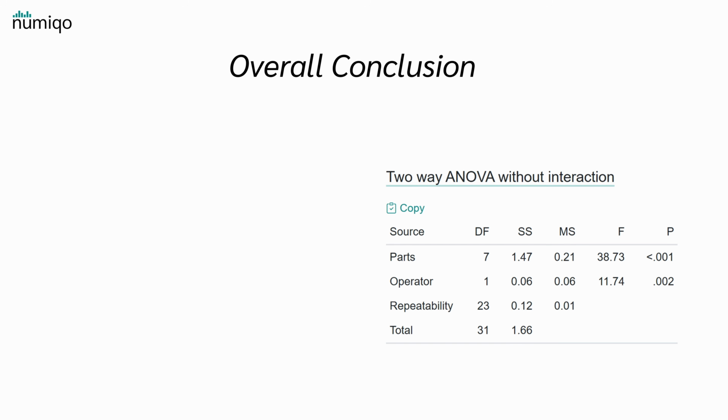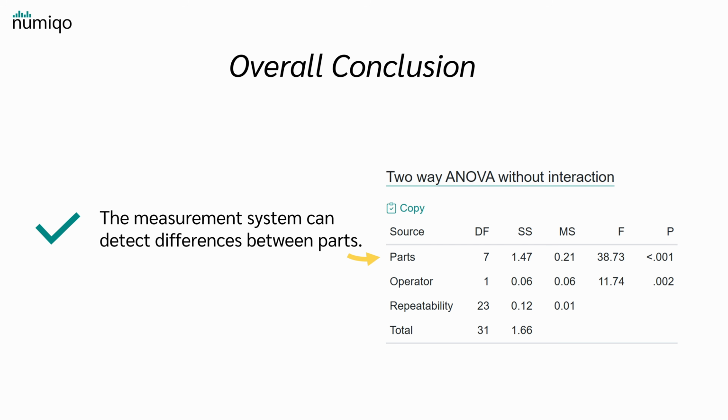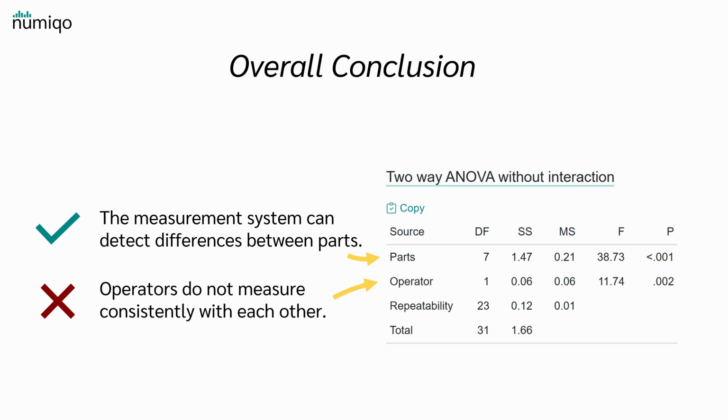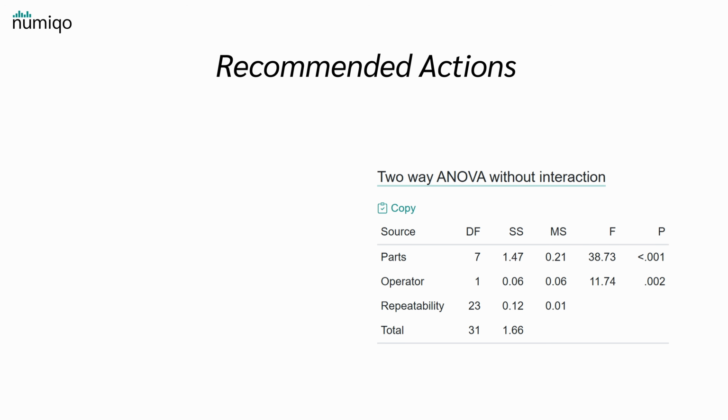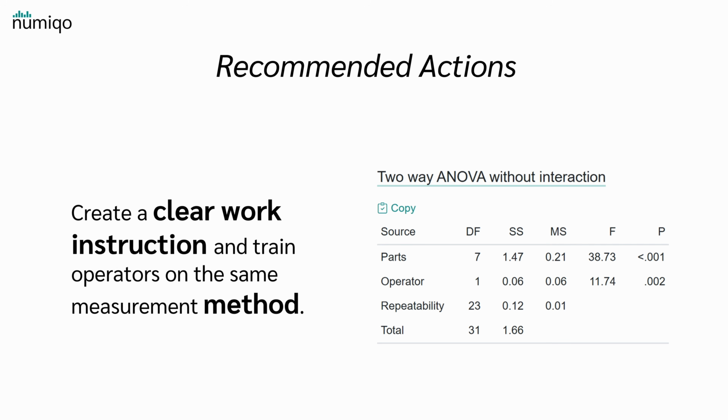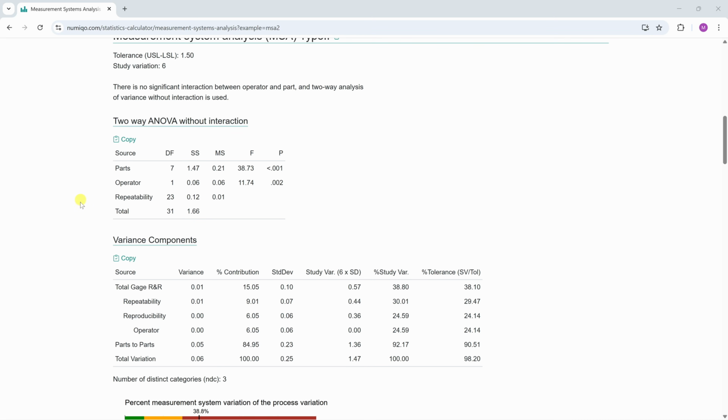Of course, this is just an example, but an overall conclusion could be, the measurement system can detect differences between parts, which is good, but operators do not measure consistently with each other, which is bad and needs correction. So recommended actions could be create a clear work instruction and train operators on the same measurement method. But be aware that more detailed conclusions will be gained with the table of the variance components.